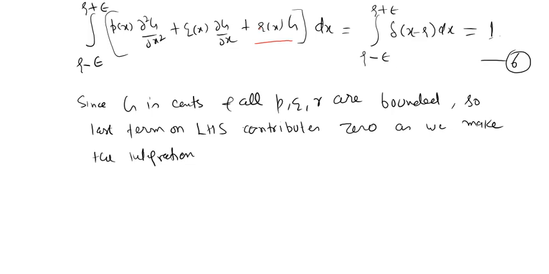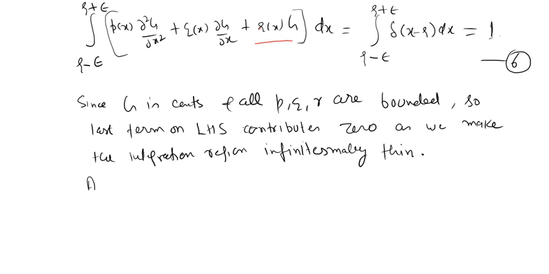If you think of it as area under the curve, in a small portion this will be 0 as we push the limit epsilon to 0, because the integration region is infinitesimally thin. Okay, so this is the last term.